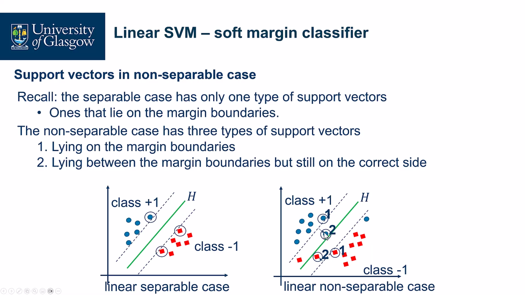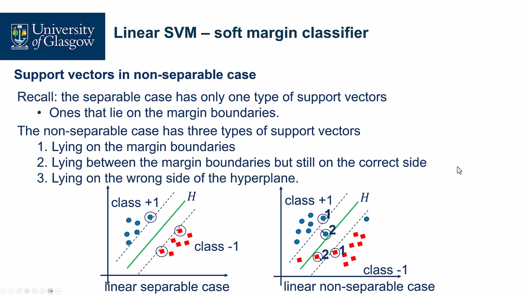For example, this one, if we consider this is the margin boundary of the class positive 1, this one lies on the wrong side of the margin boundary, right? But it's still on the correct side of the hyperplane. We can see this point is like this. This is the same, right? So we call this another type, the type 2 of the support vectors.